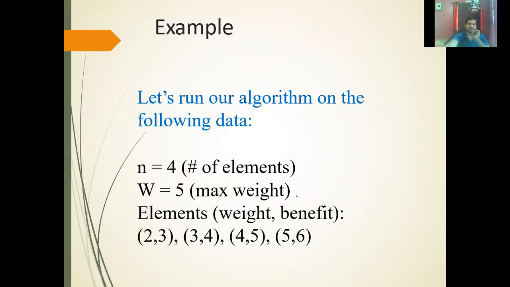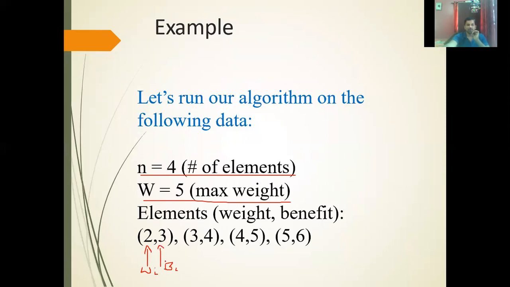Okay, see this. So let's run this algorithm for the following data. n is equal to 4 items, capacity of the knapsack 5, and the elements. So I'm considering them in pairs. The first parameter is going to be our weight, Wi, and the second parameter is going to be your benefit or your profit.